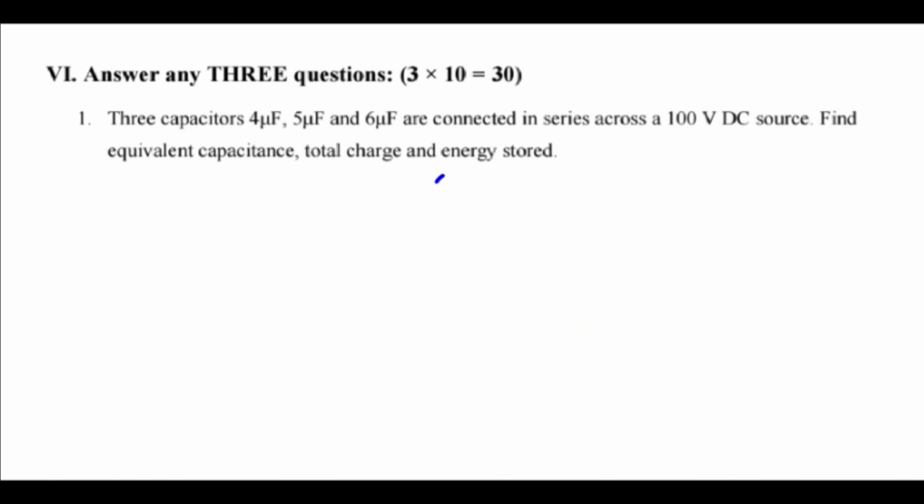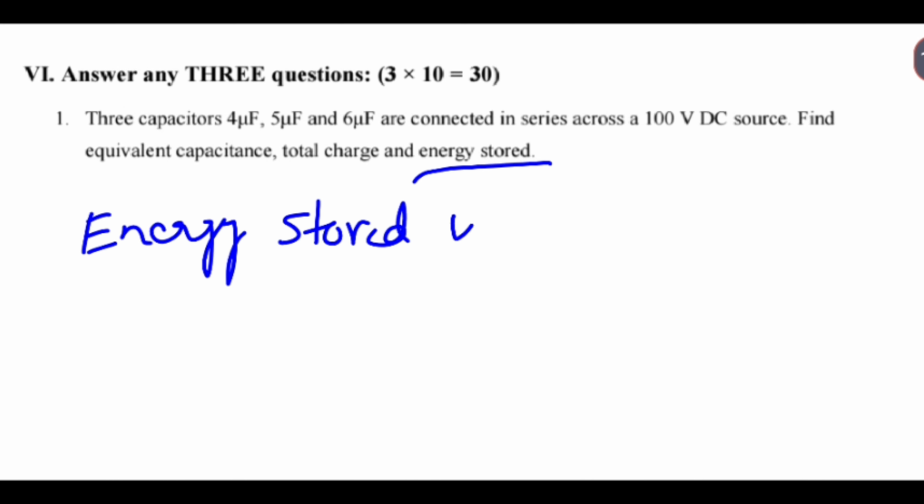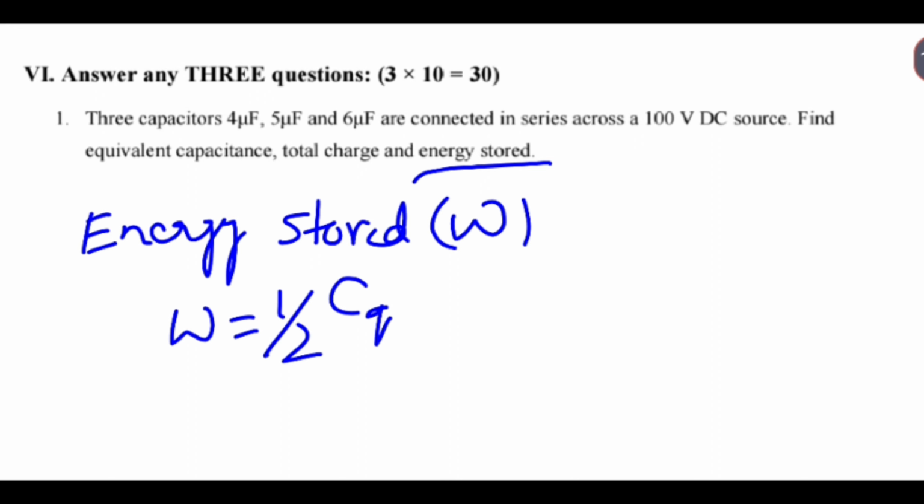Next is energy stored, which you can represent as W. W is equal to 1 by 2 C equivalent V square.